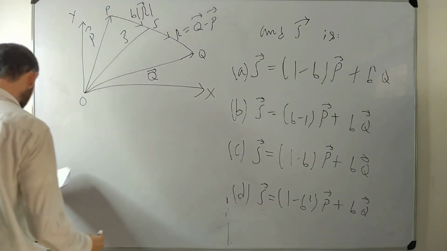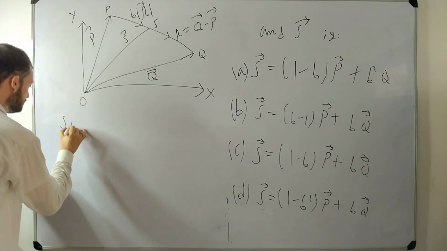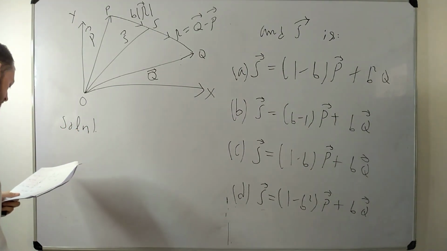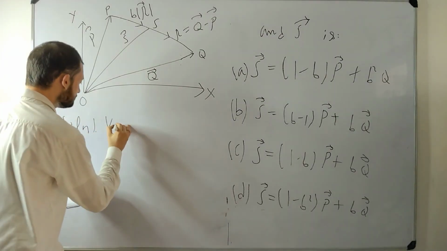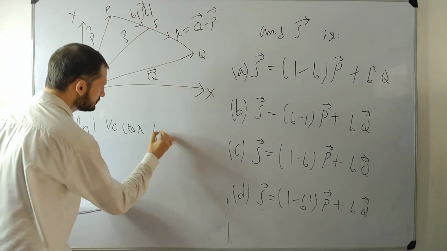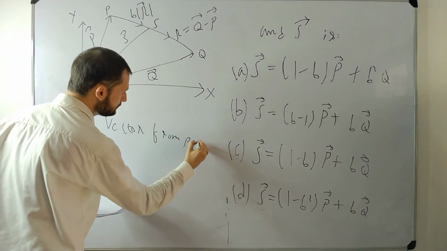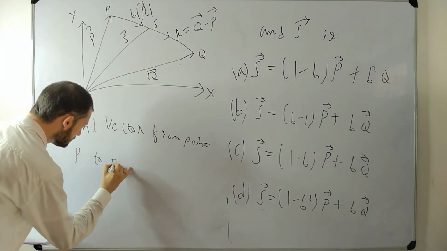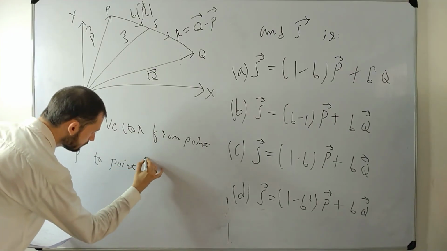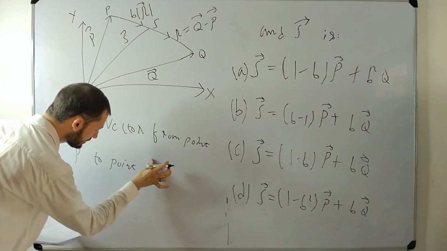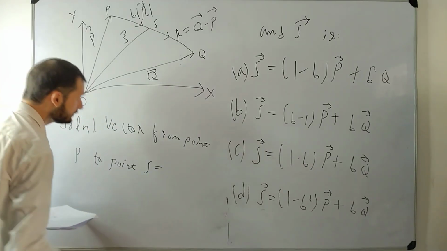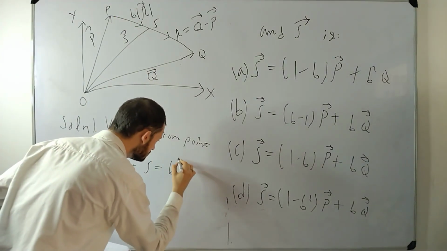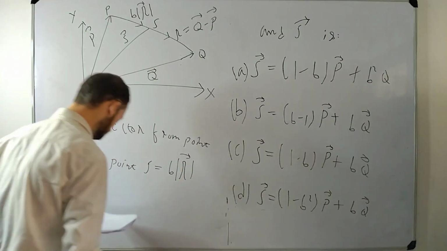So what I need to do? Solution. Vector from point P to point S. Point S, not the vector. Point S is what? BR. Right, student? Yes, sir.